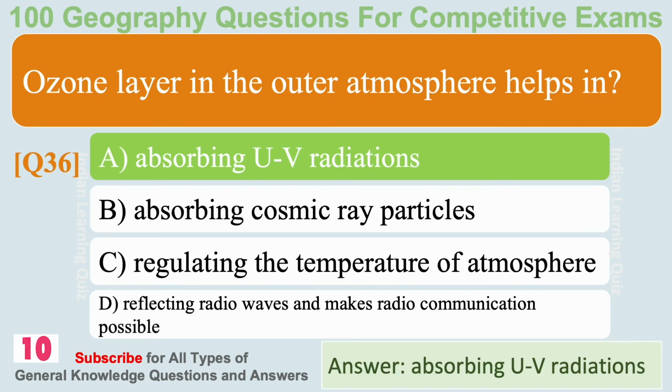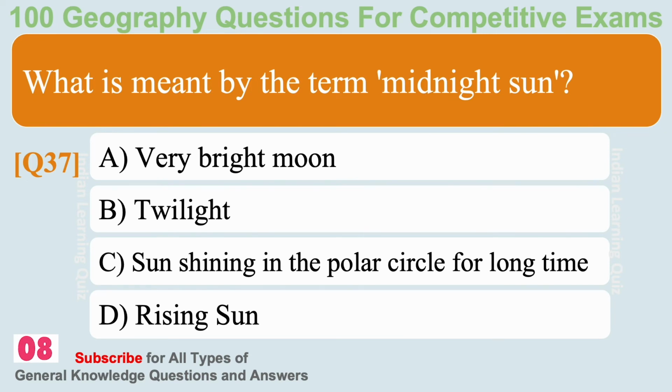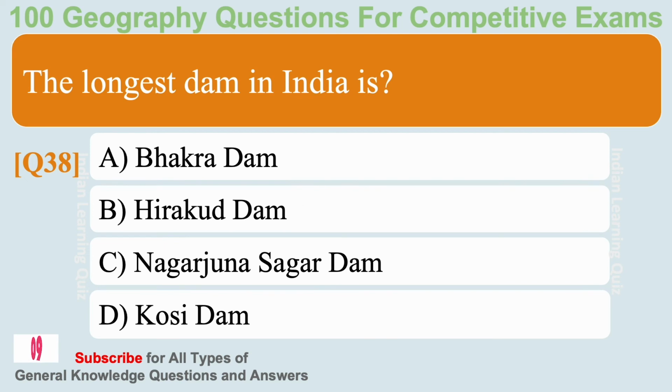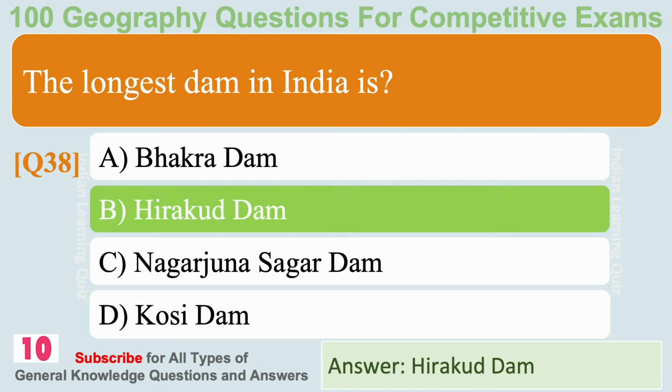Absorbing UV radiations. What is meant by the term midnight sun? Answer. Sun shining in the polar circle for a long time. The longest dam in India is... Answer. Hirakud Dam.